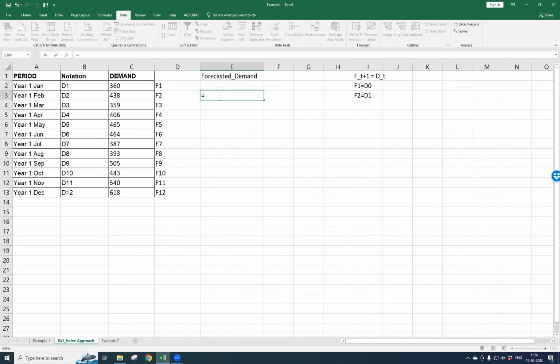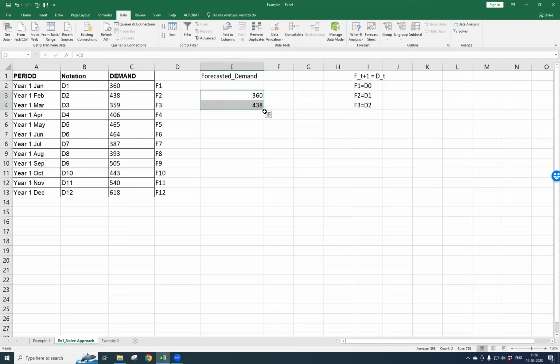So by that logic, we are going to start with this particular value F2 over here, and this particular value F3 is going to be D2. Because F(t+1) is equal to D(t), by that logic F3 will be equal to D2.